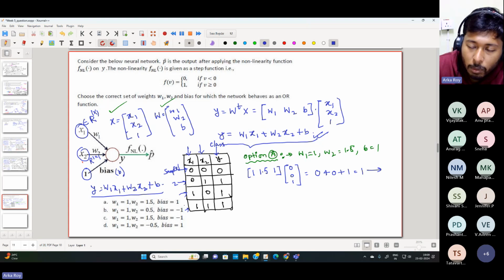Now let us consider a full batch gradient descent case. You will feed this first, then take the output and calculate the loss. Again, feed this one, get the output, calculate the loss. Feed this one, get the output, calculate the loss. So that means you are feeding one by one. You cannot feed this whole thing at once.